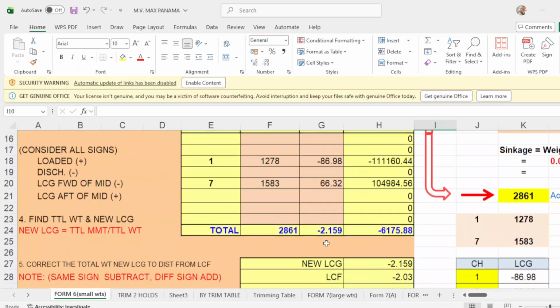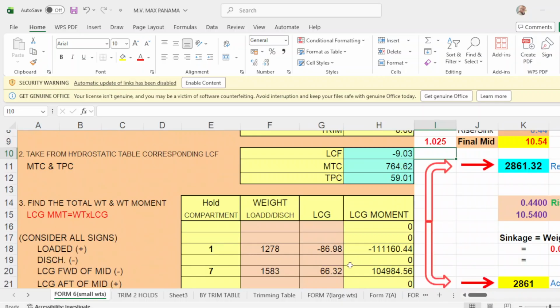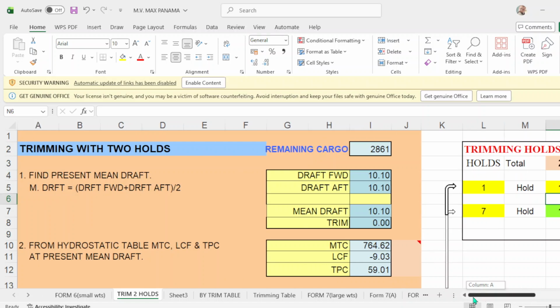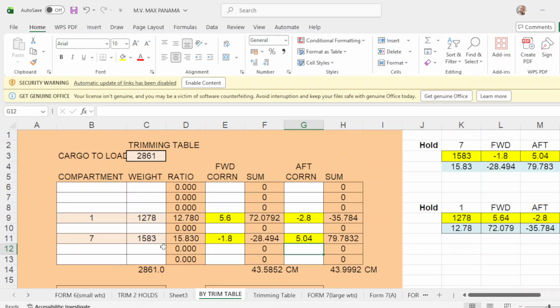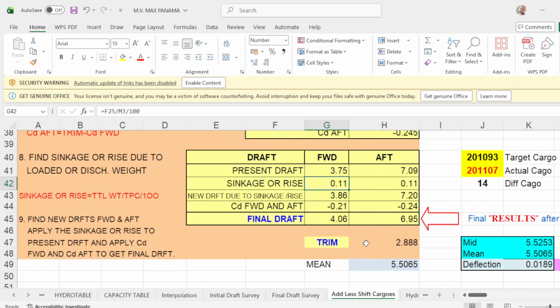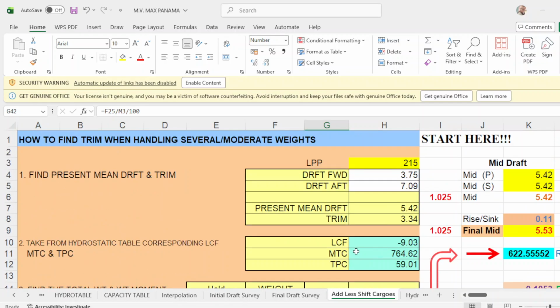But this one I use for automatic, connected to your trim tool, connected to this one, and connected with your trim table. And this one is separate. There is no interconnection. This is individual, meaning he's solo.